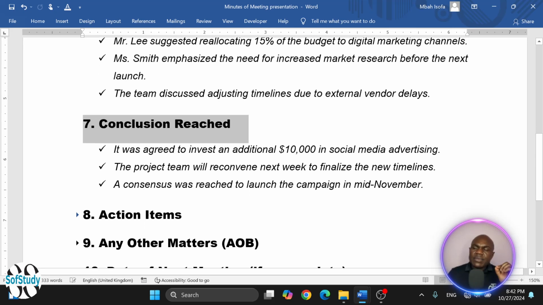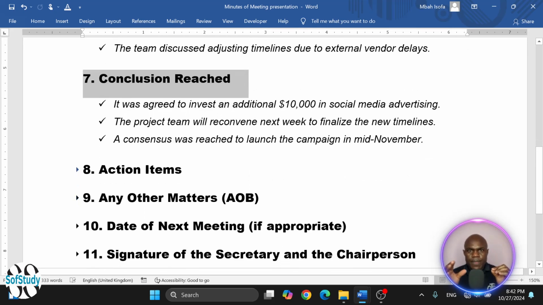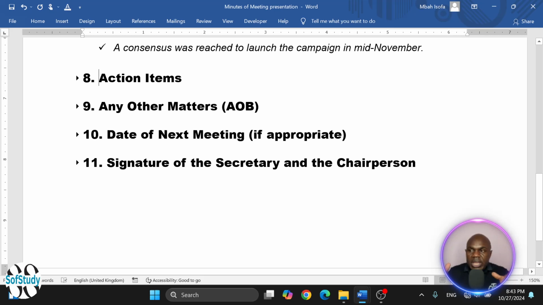Action items refer to specific tasks or actions or instructions that were assigned, including who is responsible for each task and the deadlines. Okay, let's check the action items I drafted for the purpose of this lesson.